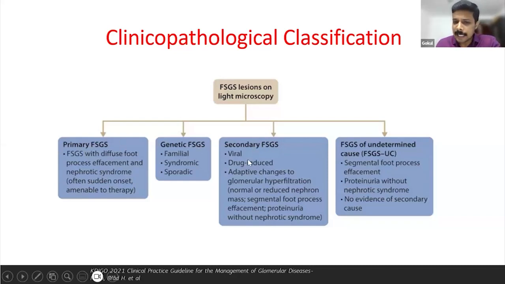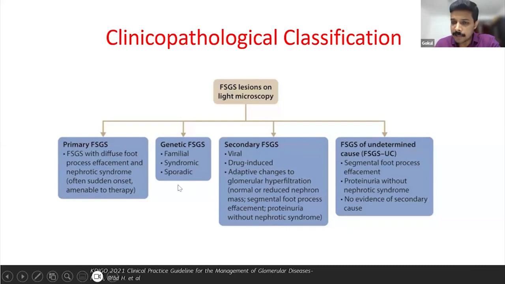Next is secondary FSGS. Usually they will have proteinuria, but they won't have nephrotic syndrome. Nephrotic syndrome is unusual in secondary FSGS. And if it is secondary, we have to look for viral as well as drug-induced as well as maladaptive forms of FSGS. I will be describing it.